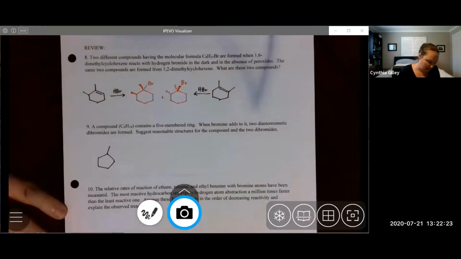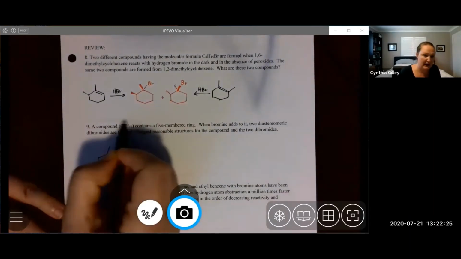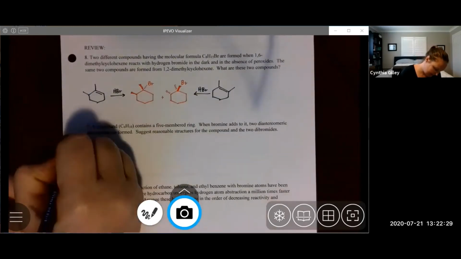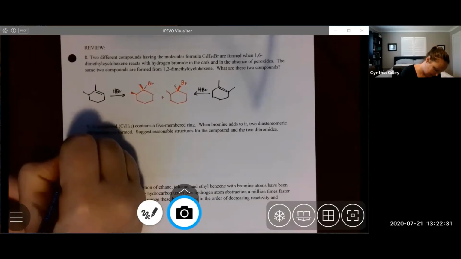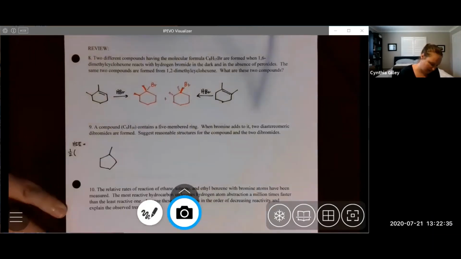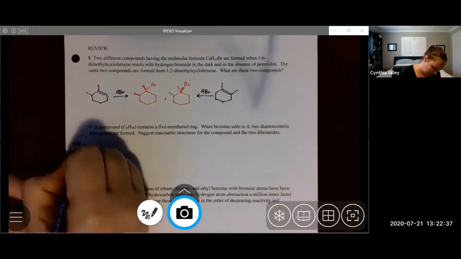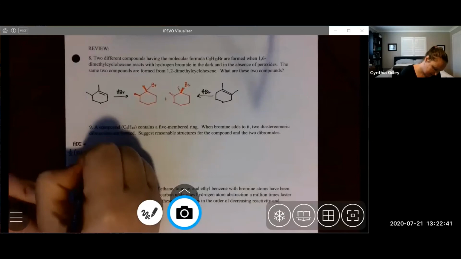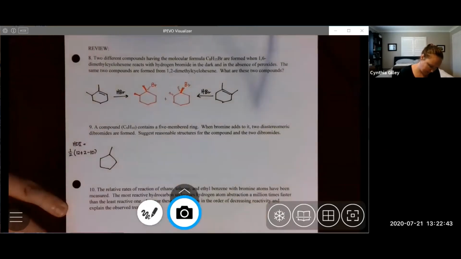We can do a little calculation for HDI for this formula. So for C6H10, the HDI formula would be one half of 2 times the number of carbons, which is 12, plus 2, minus the number of hydrogens. So we have 14 minus 10, which is 4. One half of that is 2.